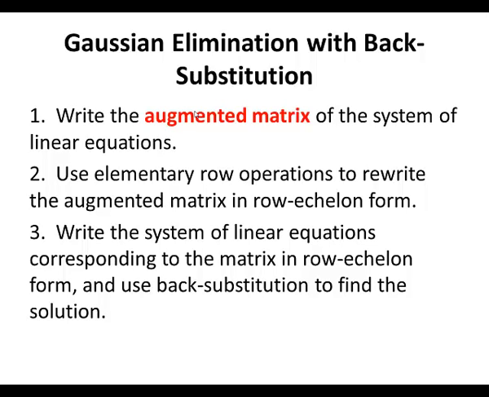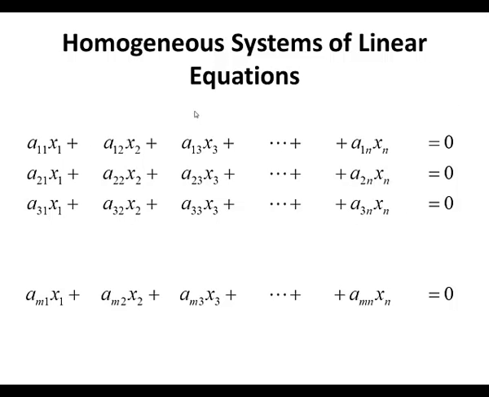And 3, we write the system of linear equations corresponding to the matrix in row echelon form and use back substitution to find the solution. We shall see a couple of examples illustrating this concept.